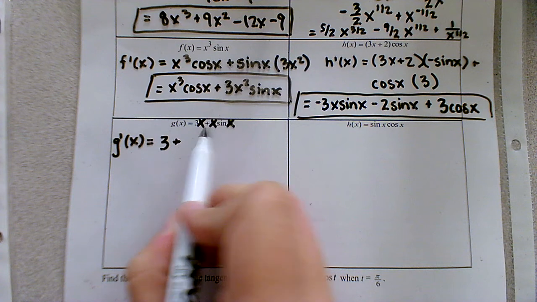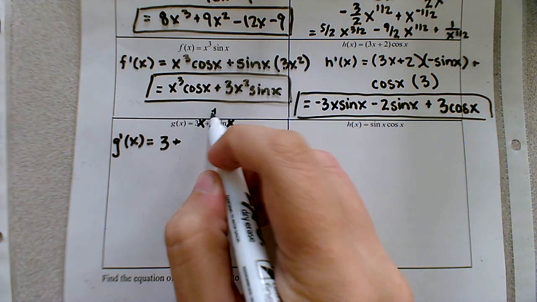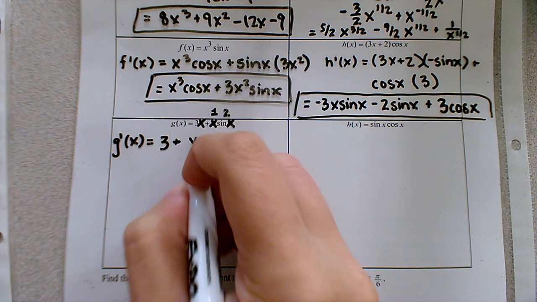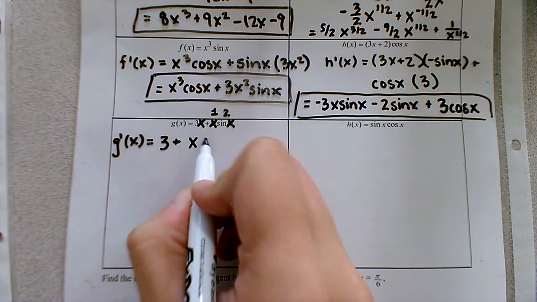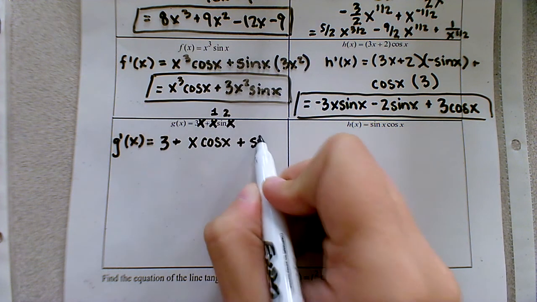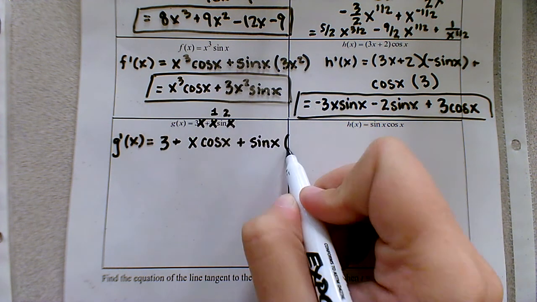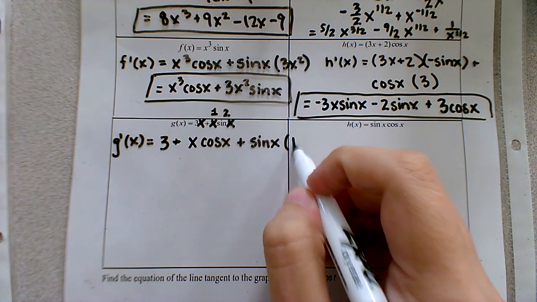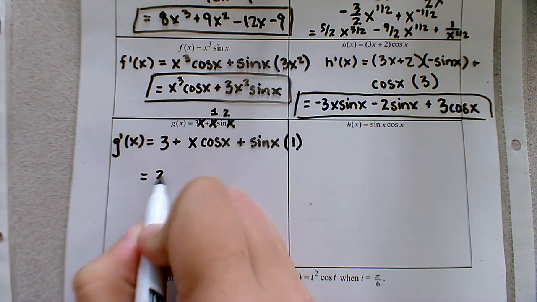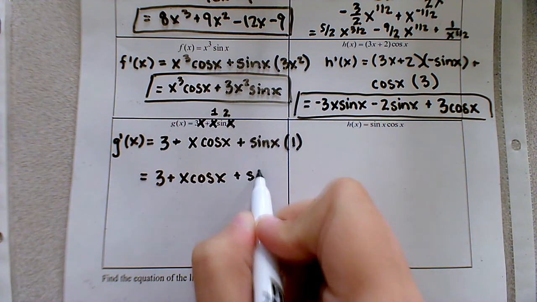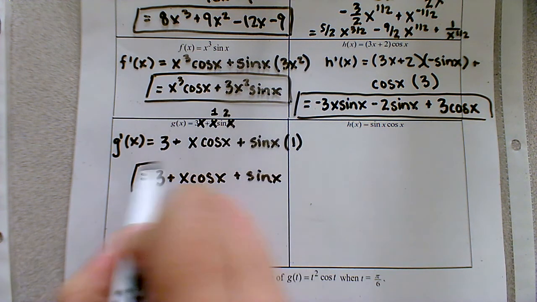So for our second term here, we're going to have to go through the product rule process, 1d2 plus 2d1, to help us find that derivative. So our first function is x times the derivative of sine would be cosine, plus the second function, which is sine, times the derivative of the first function. The derivative of x would just be 1. So it looks like we're left with 3 plus x cosine of x plus sine of x.